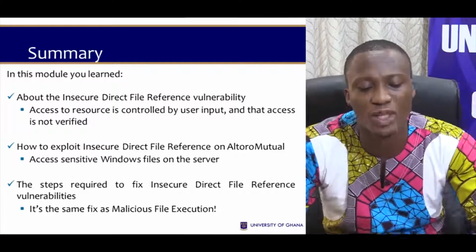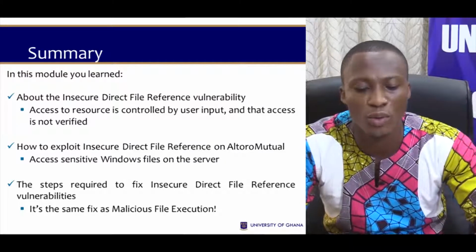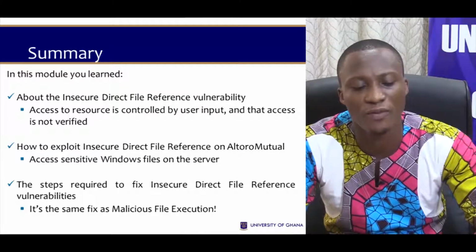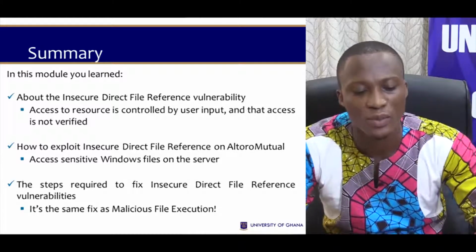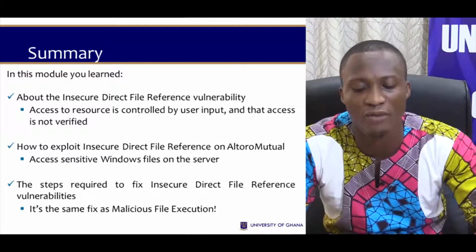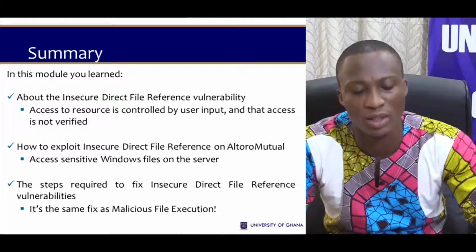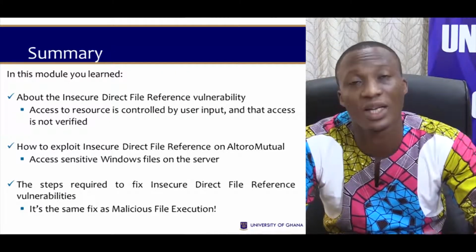We've also seen how to exploit insecure direct file referencing on Altoro Mutual. Here we have accessed sensitive Windows files on the server, and the steps required to fix insecure direct file reference vulnerabilities. And this is the same fix as malicious file execution.